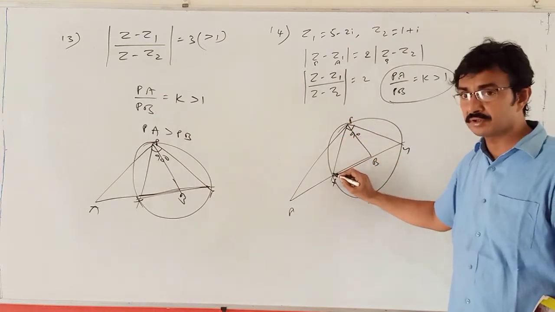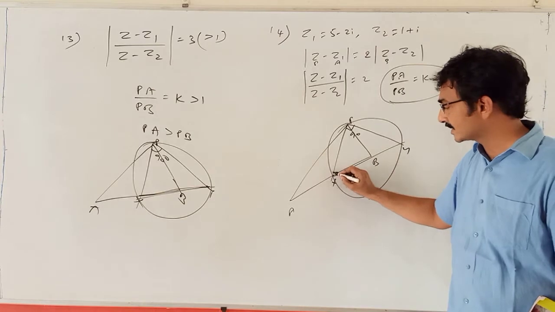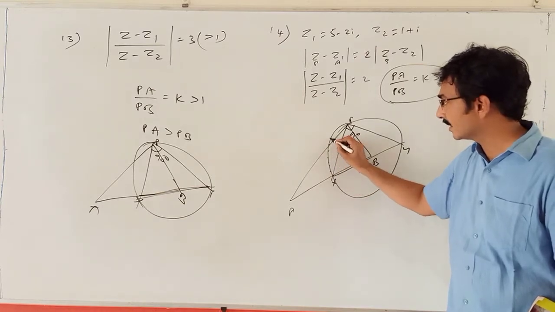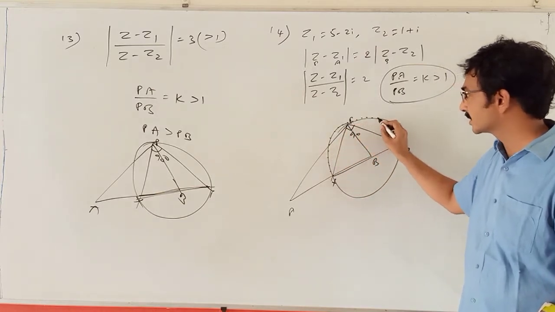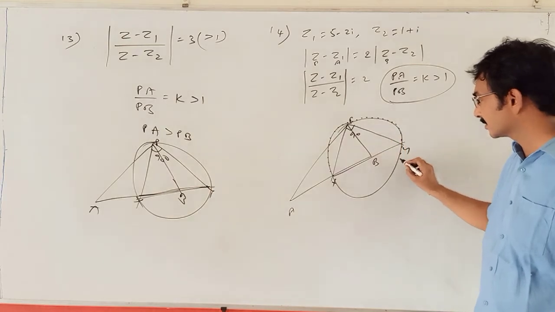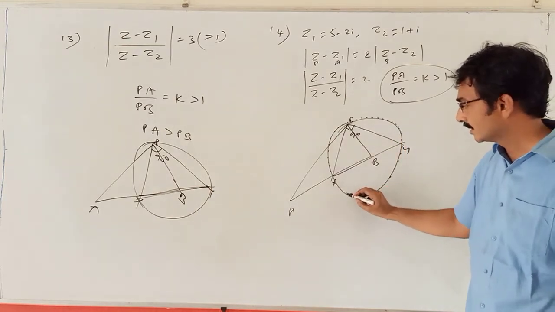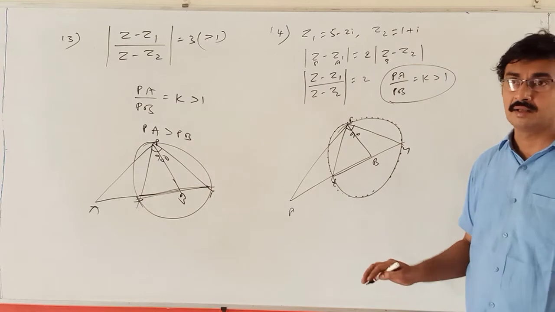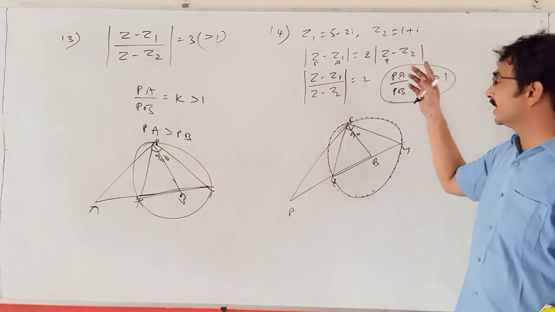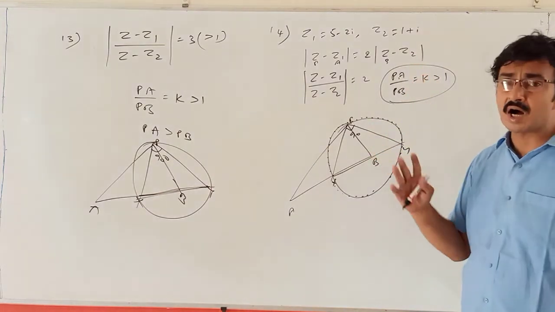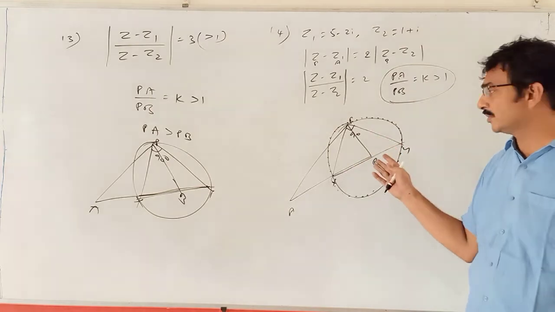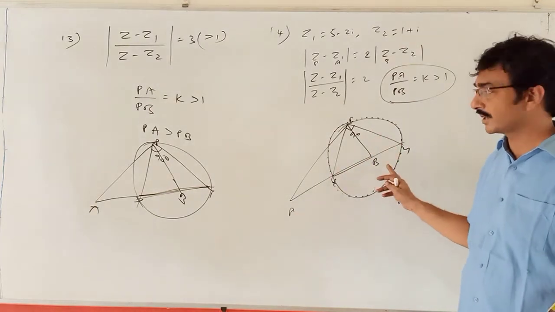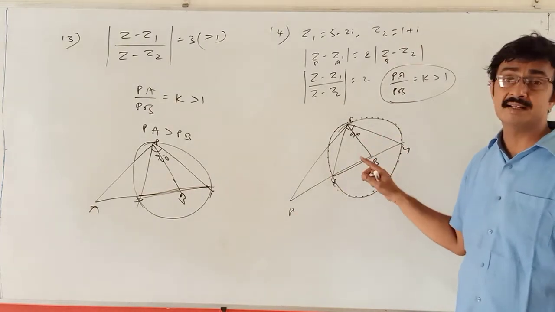P may lie on the circle here or here or here and so on. But maximum area of the triangle means base into height is maximum, and with the base constant, the area is maximum when height is maximum.